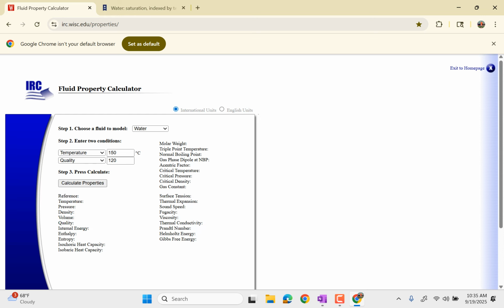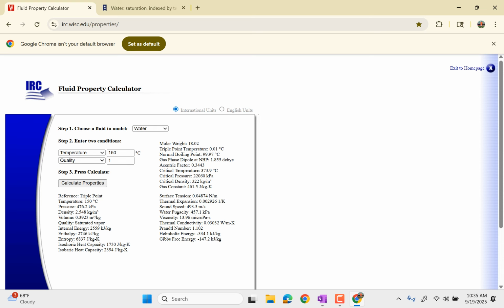If I make my second property quality and I say I want it to be all vapor, that's a quality of 1. Quality ranges from 0 to 1, yep, exactly. So I put in 1, and what we have is a saturated vapor. If I put in 0, this would be a saturated liquid.